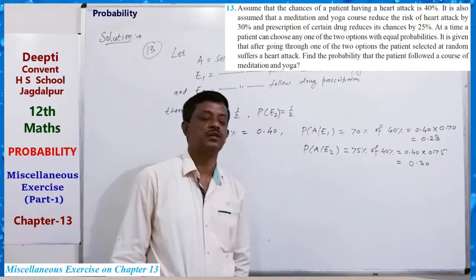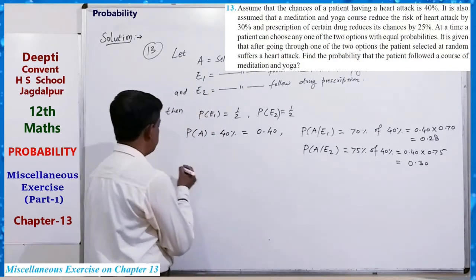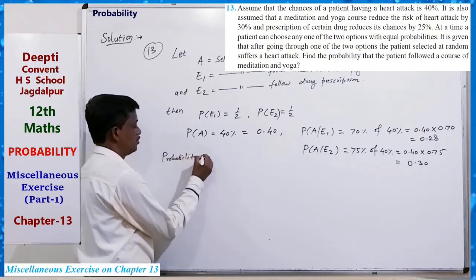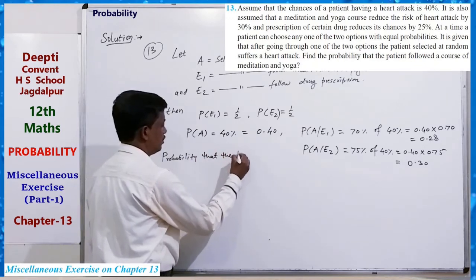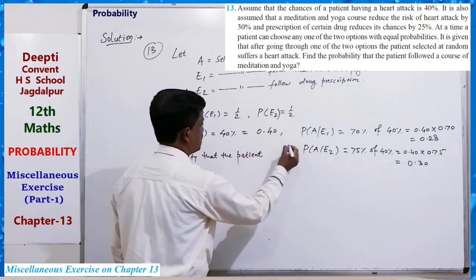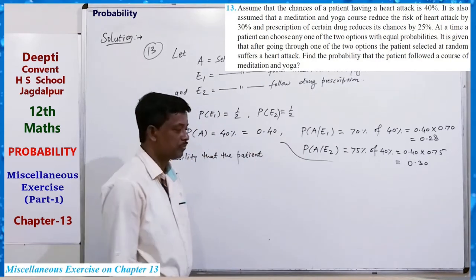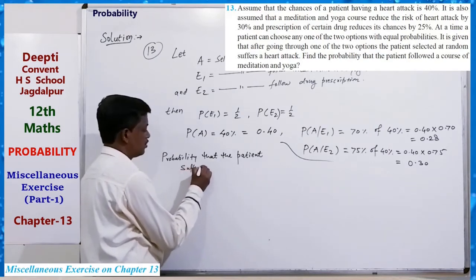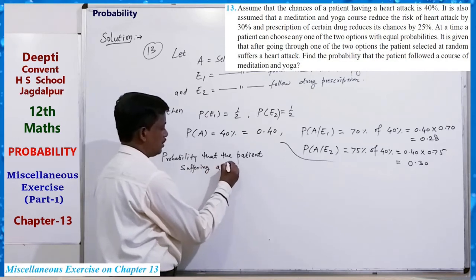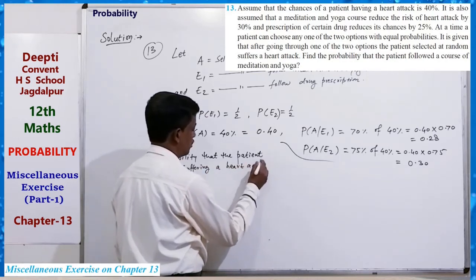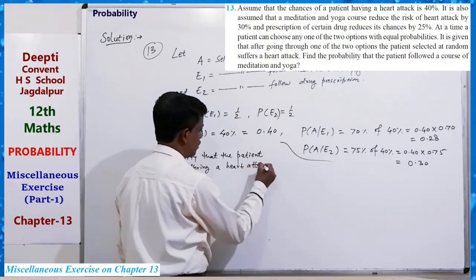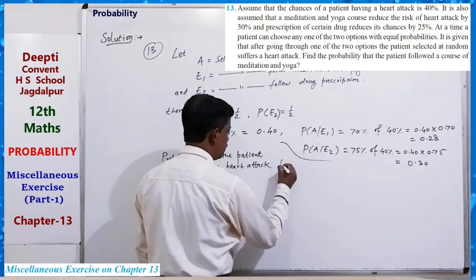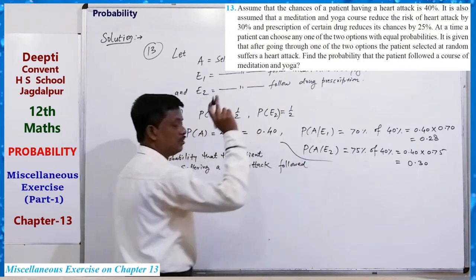Now, by using Bayes theorem, the probability that the selected patient suffering a heart attack followed yoga and meditation is given by Bayes theorem.